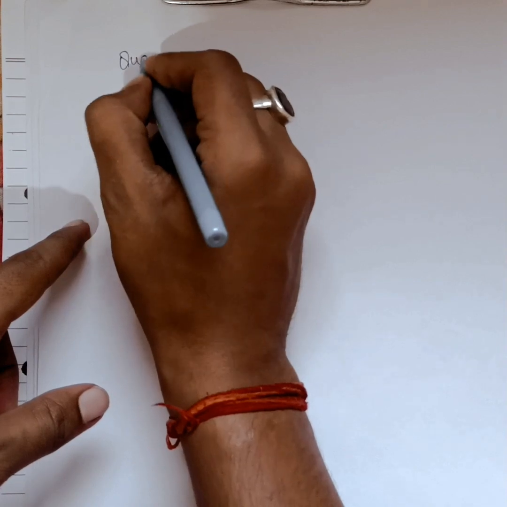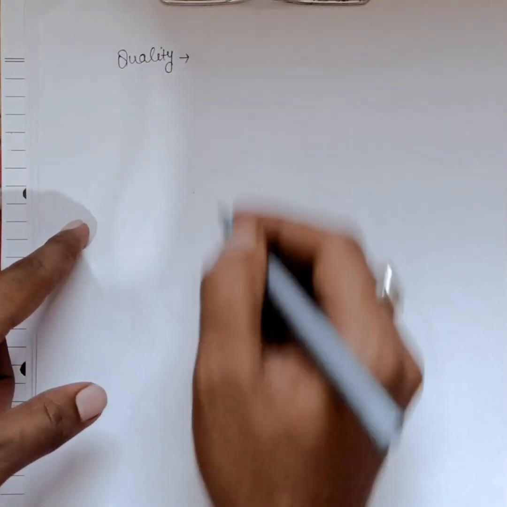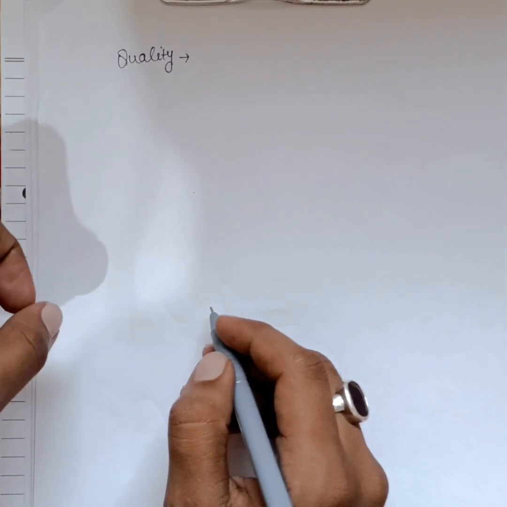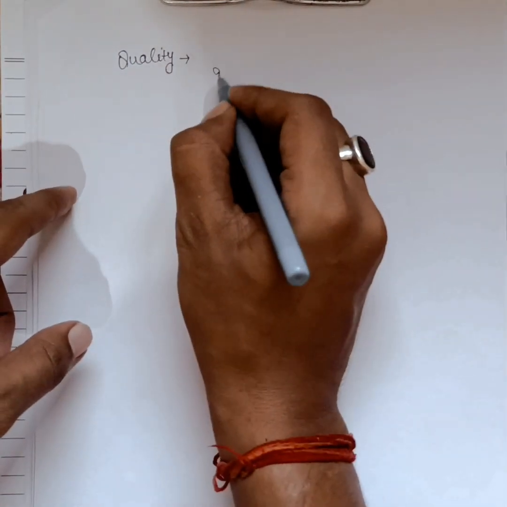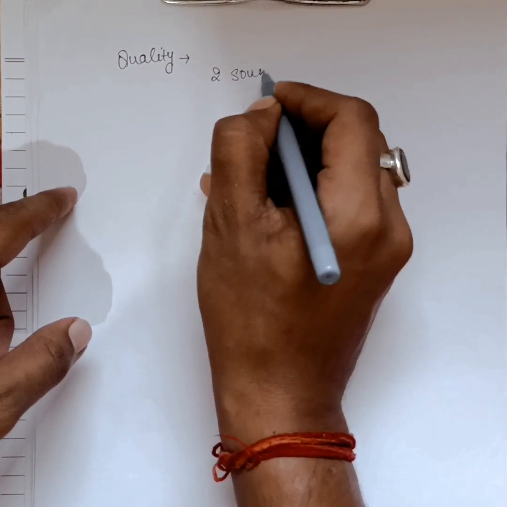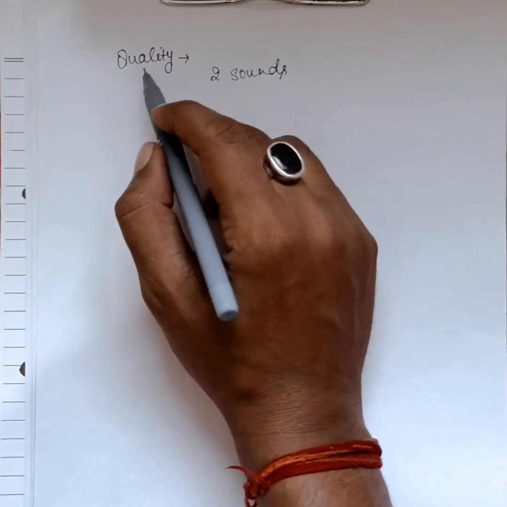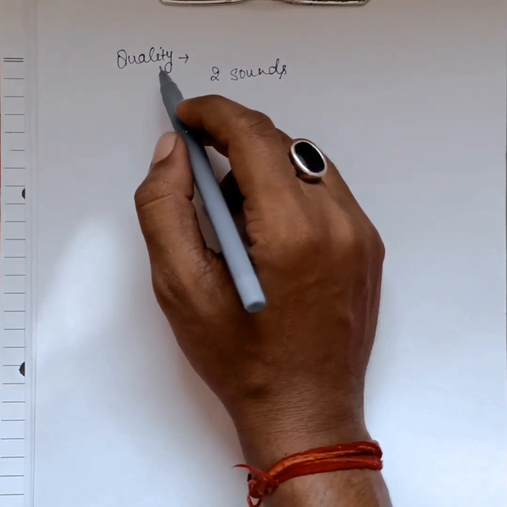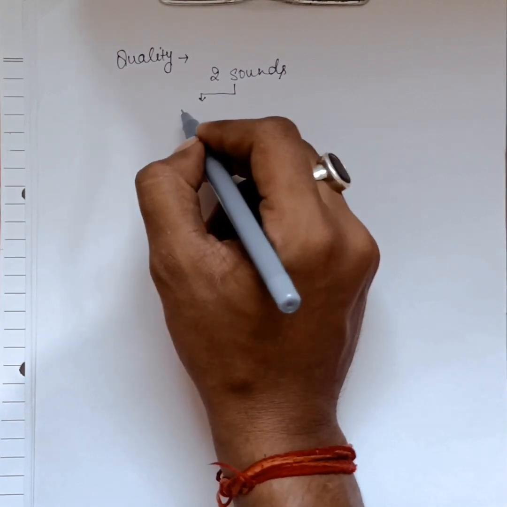Now students, we will be discussing the quality of sound. Quality of sound helps us to distinguish between two types of waves. Suppose we have two sounds. From the quality of the wave, we will consider two waves having the same pitch.